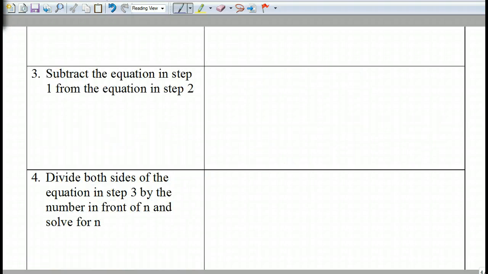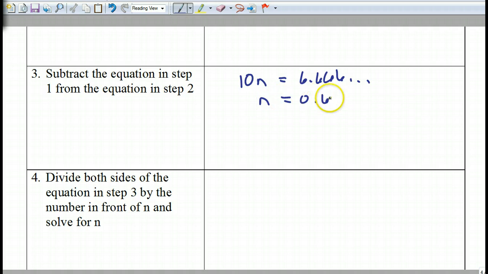We're going to take the second equation minus the first equation. So that's going to be 10n equals 6.666... minus n equals 0.6666... We're subtracting them. What that does is that gets rid of that repeating 6.